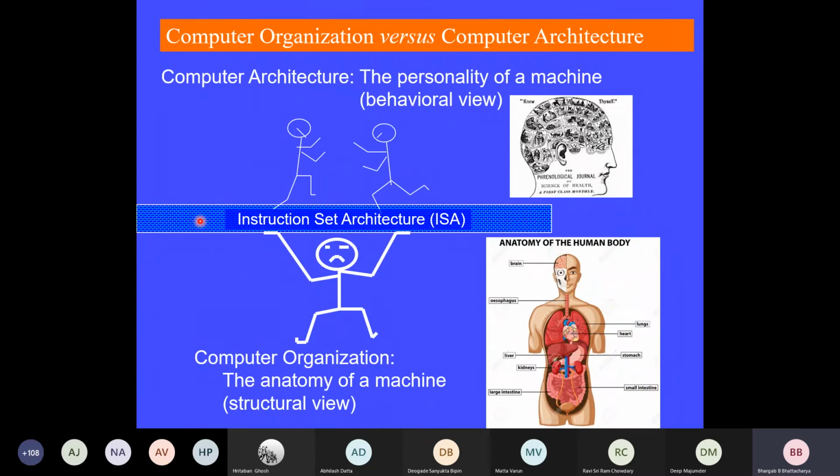When you refer to the behavioral view, it means the behavior of the set of machine language instructions. This slide clarifies everything, the difference between computer architecture and organization and their interdependence. In the middle, you have the instruction set architecture.